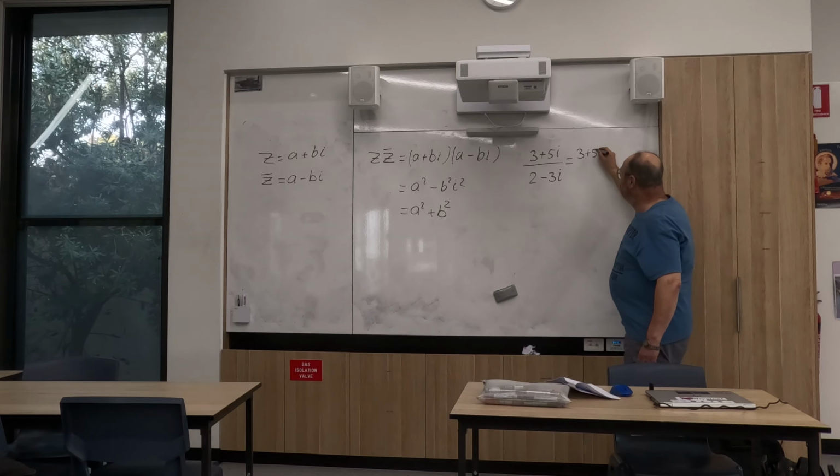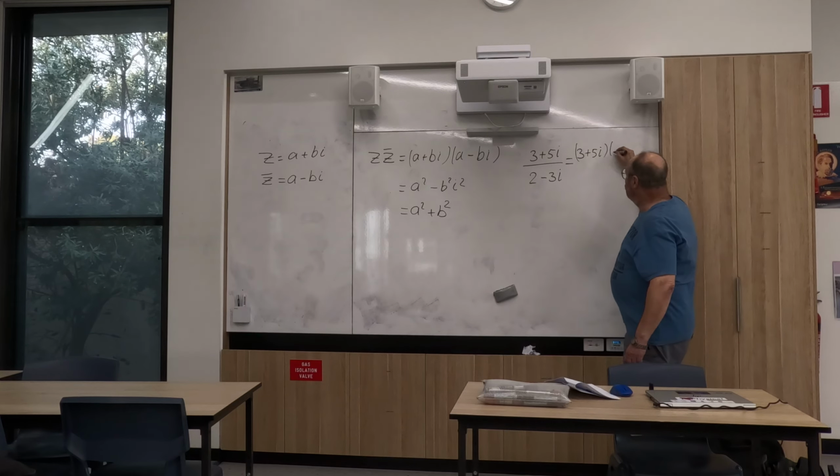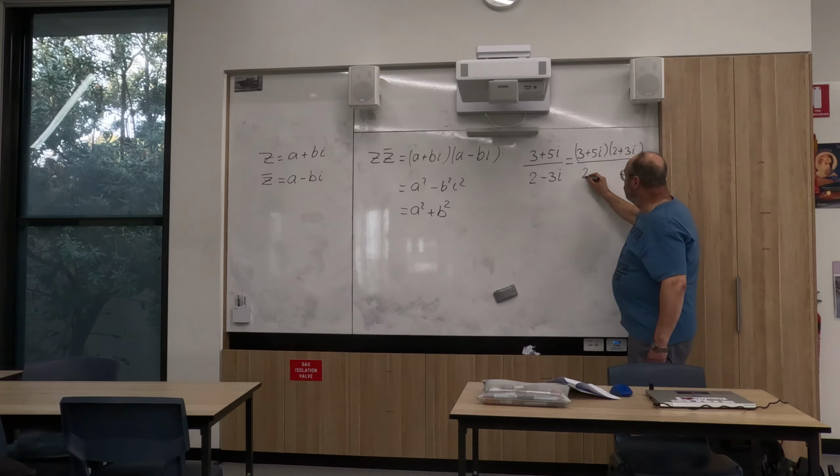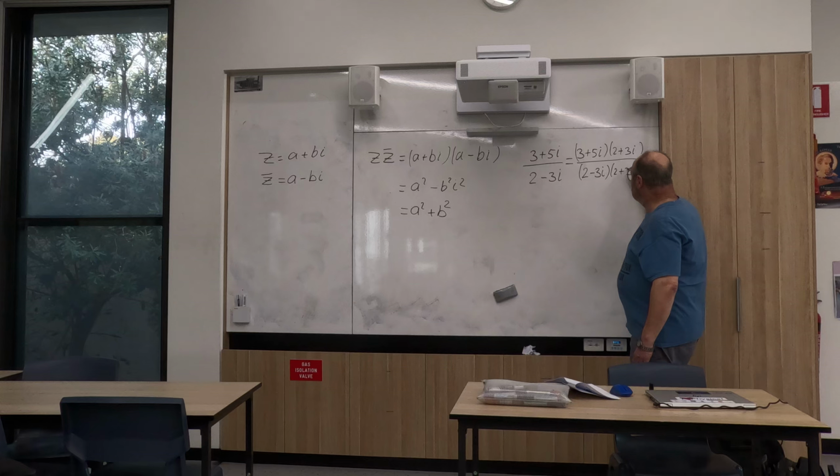So 3 plus 5i times 2 plus 3i over 2 minus 3i times 2 plus 3i equals.